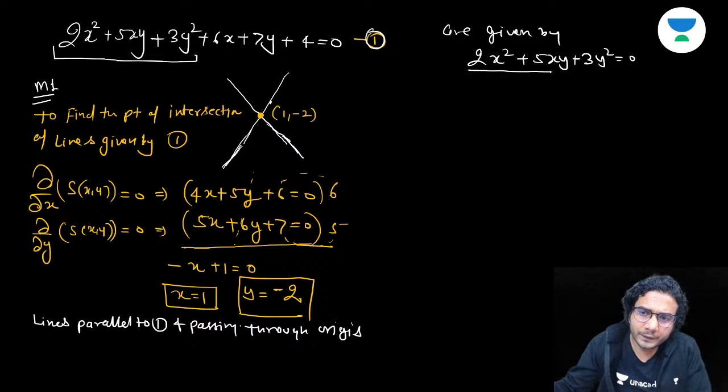So if we get the slopes of these lines, the same slopes will be of lines given by equation 1.